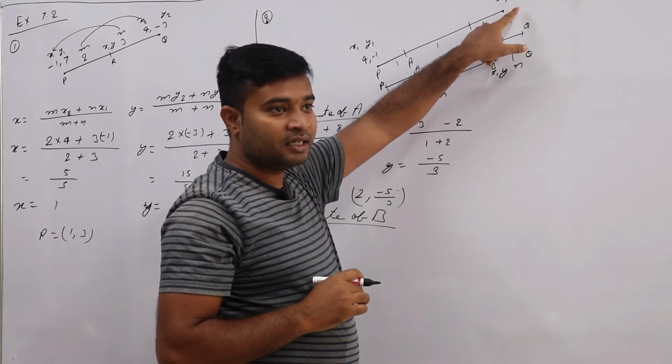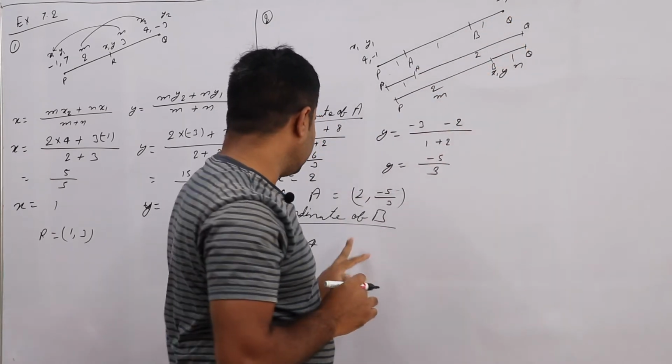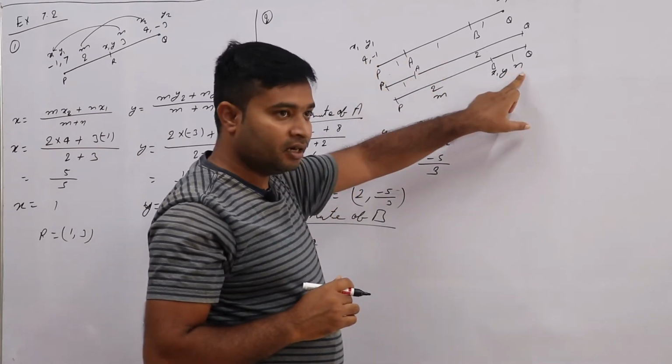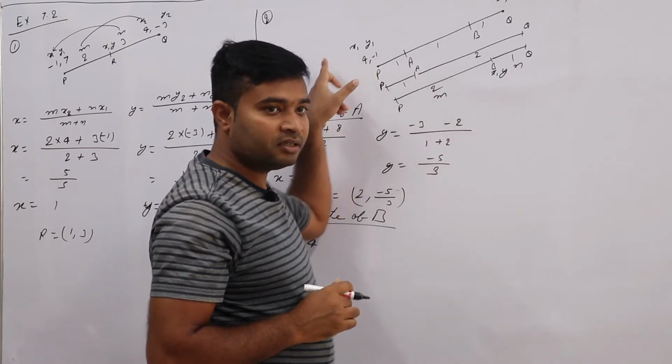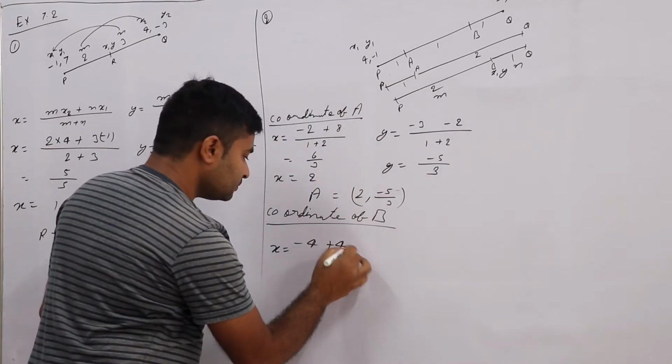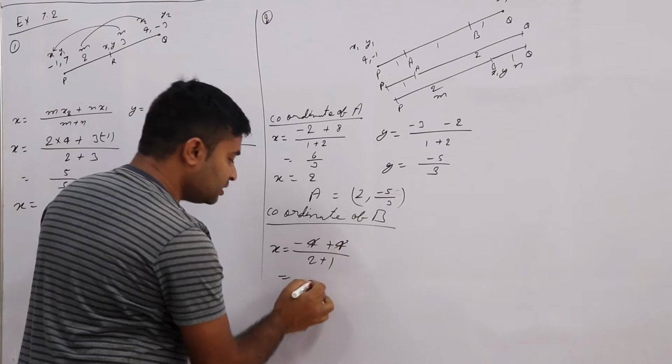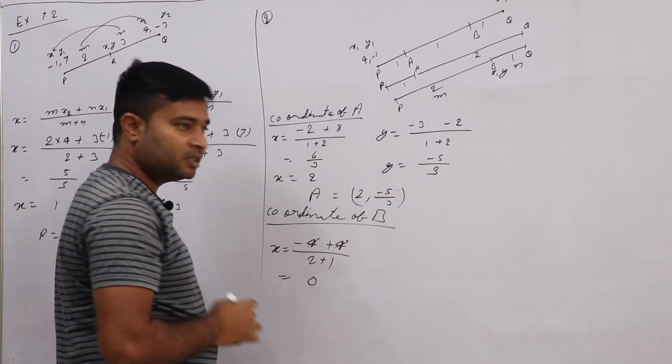Then n x1, so 1 into 4 is 4, by 2 plus 1. So minus 4 plus 4 gets cancelled, this becomes 0.